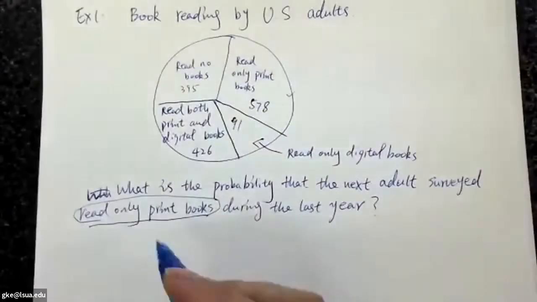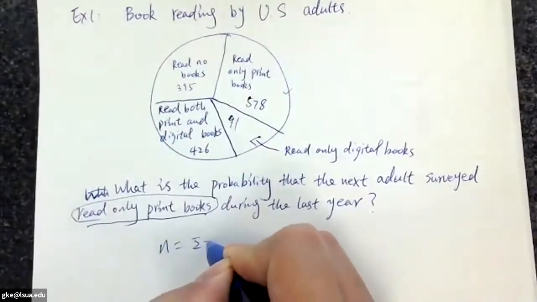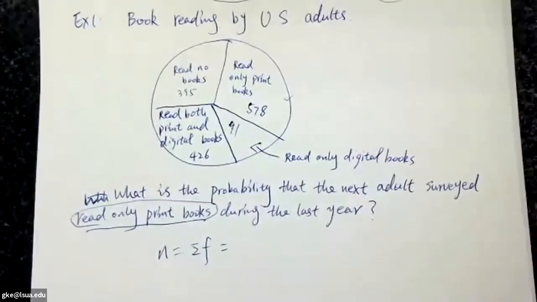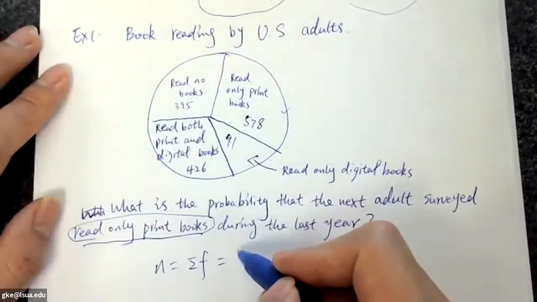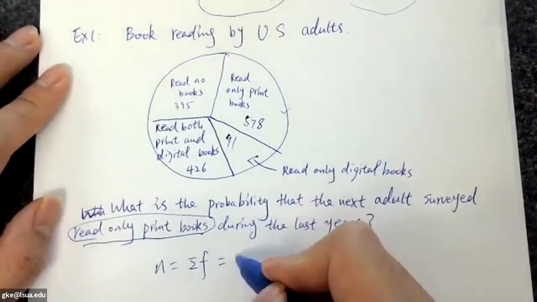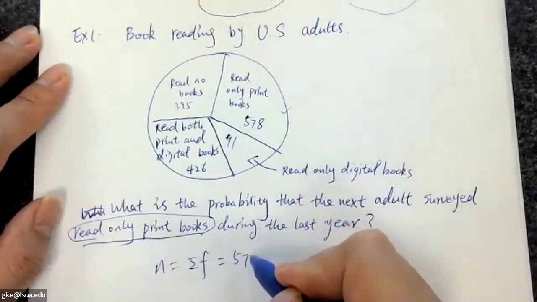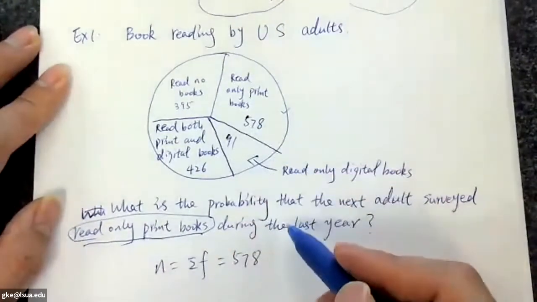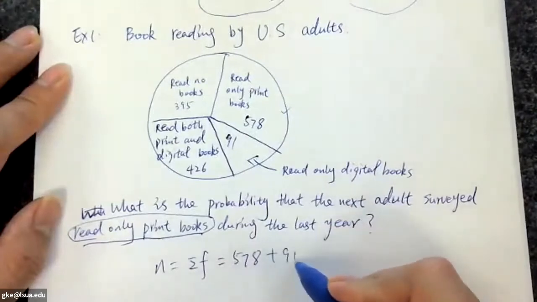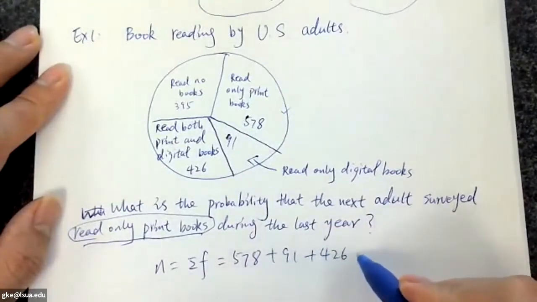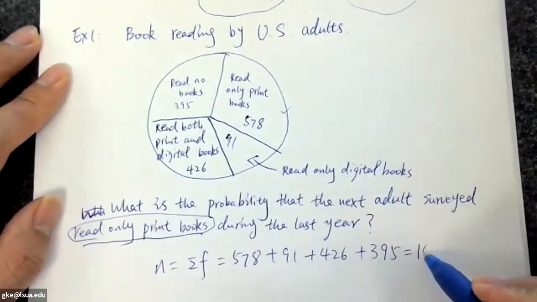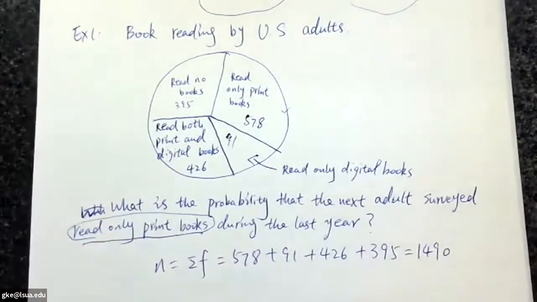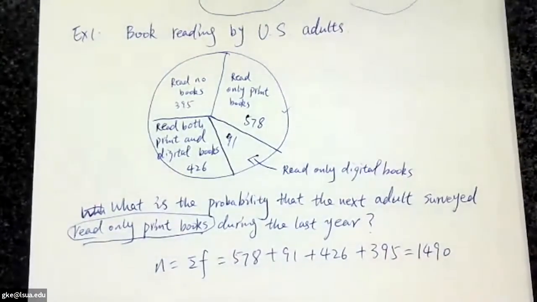So I'm going to add all the numbers. We have 578 plus 91 plus 426 plus 395, and this gives 1490.